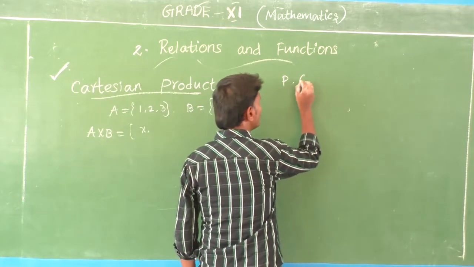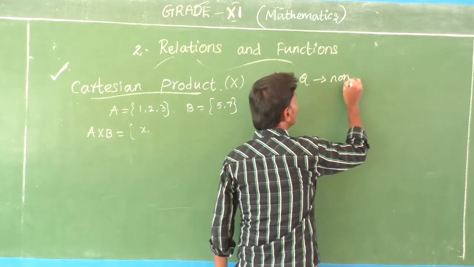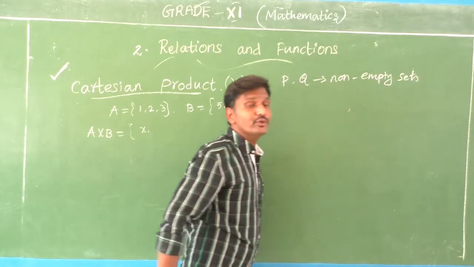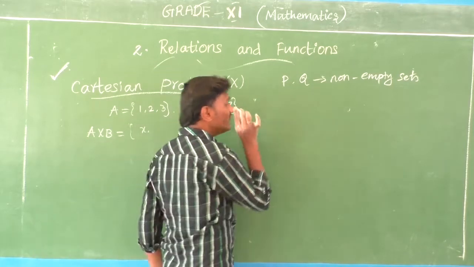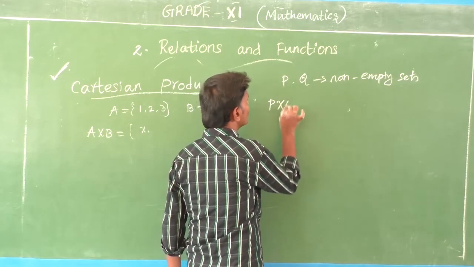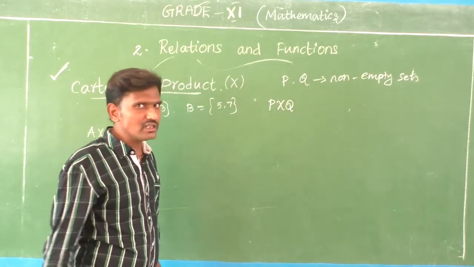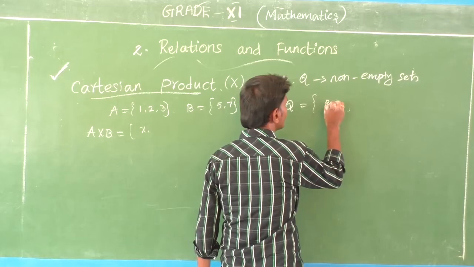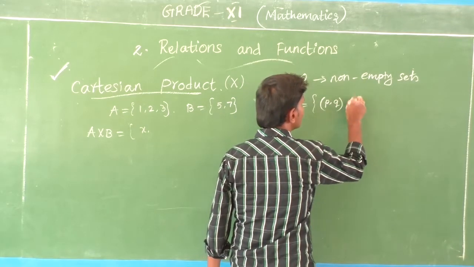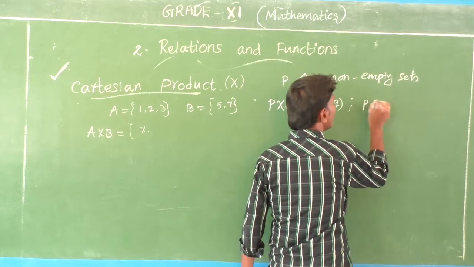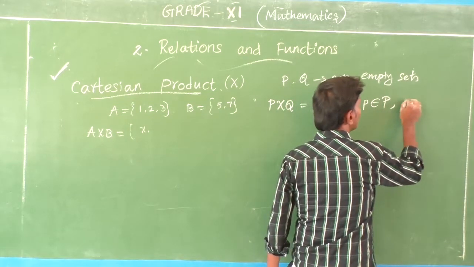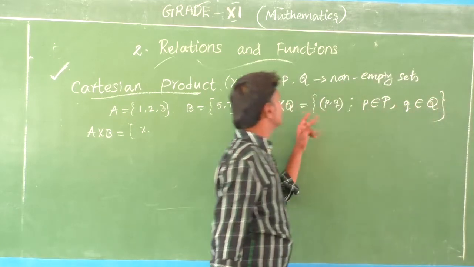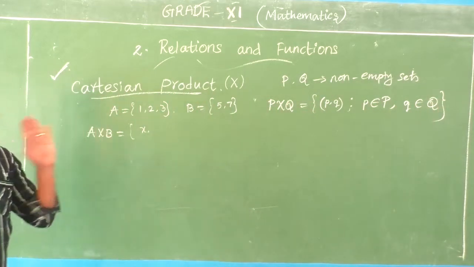Given two non-empty sets P and Q, the cross product of P and Q, P cross Q, equals the set of all pairs (p, q) such that small p belongs to P and small q belongs to Q. This is the cross product by the definition.